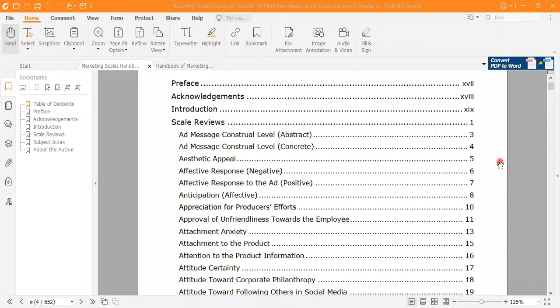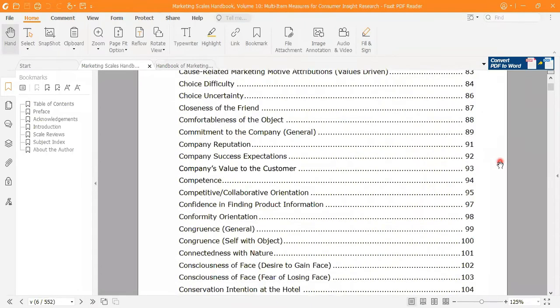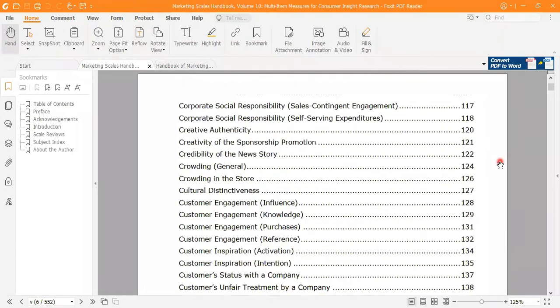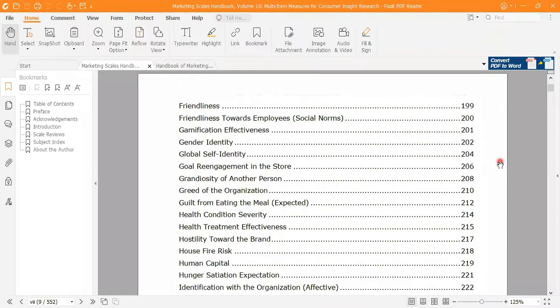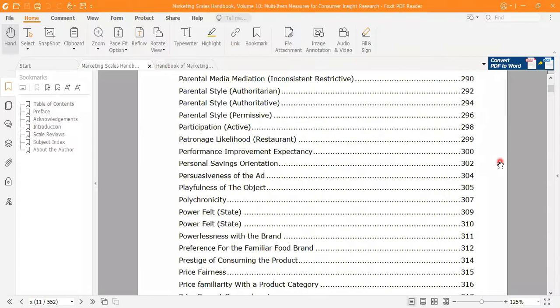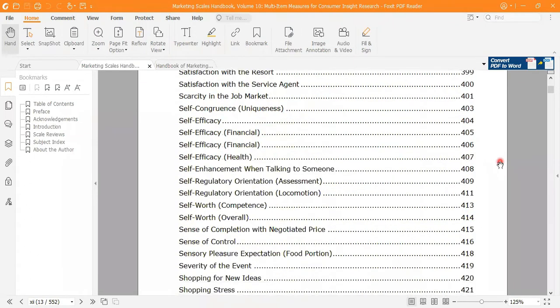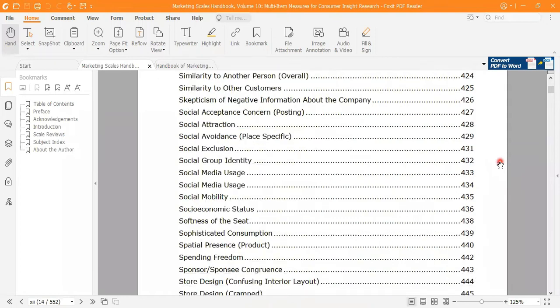If you go further down, you see closeness of the frame, comfort of the object. So many variables and constructs along with their items are available in this one. Almost more than 300 constructs with their items are available in this book.